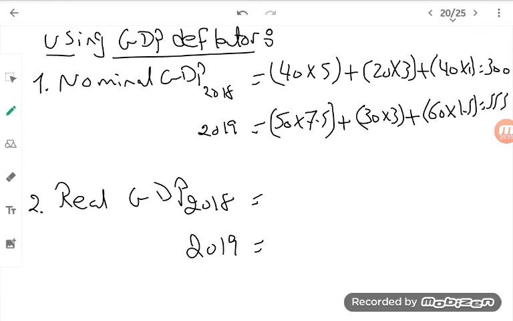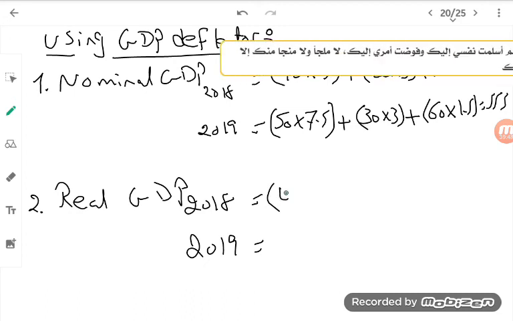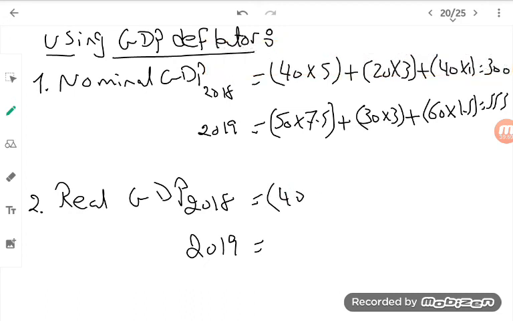Real GDP 2018, we are going to keep prices constant. As we said before, real GDP for the base year equals nominal GDP for the base year, which is 300.